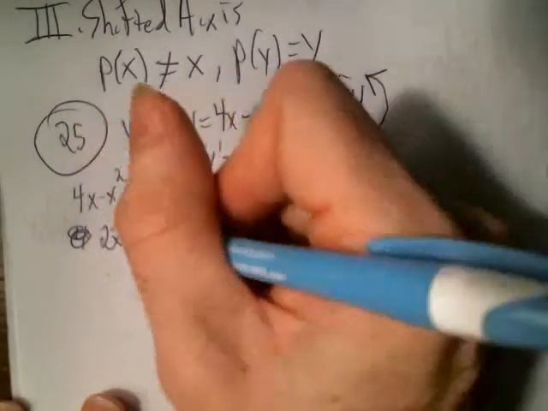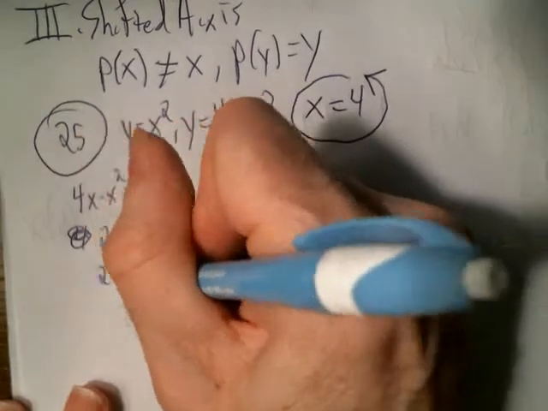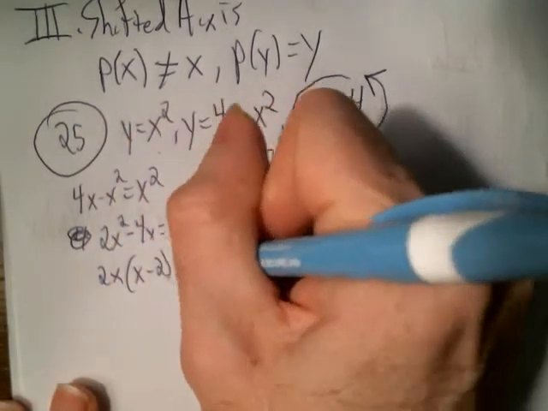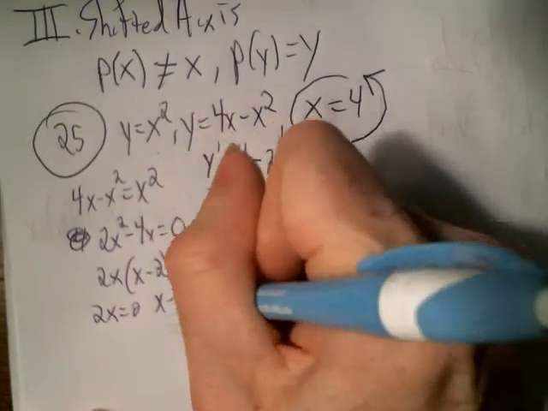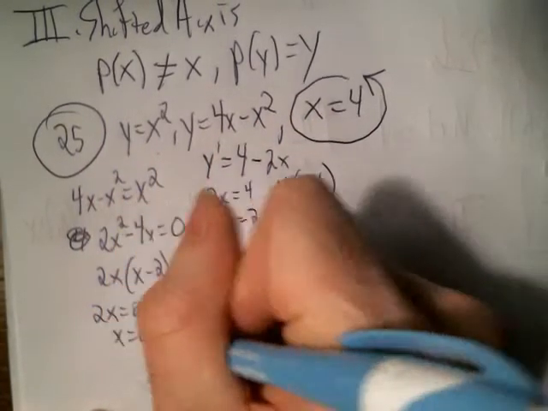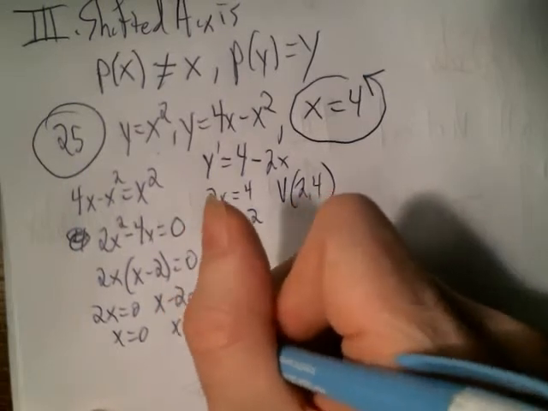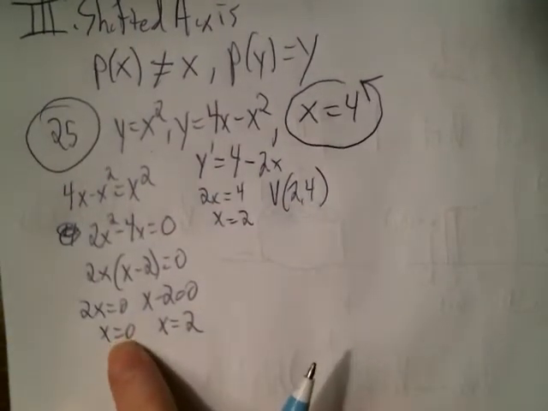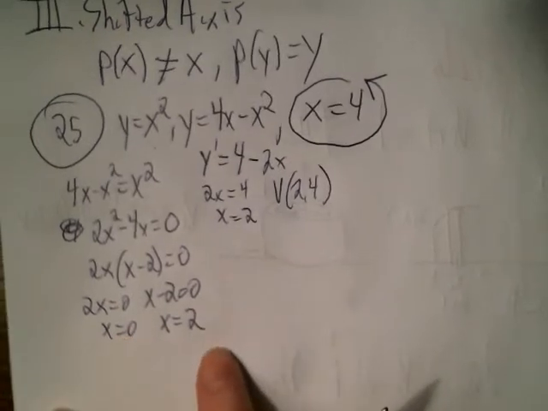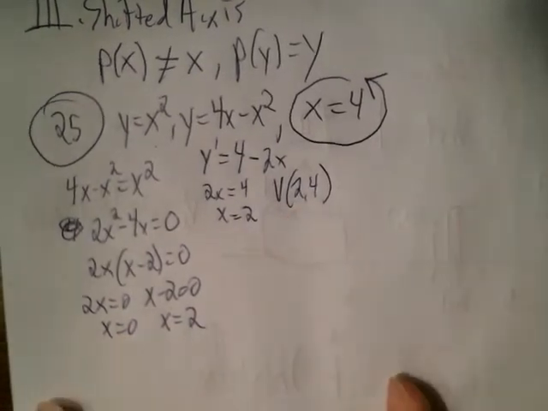Then factor out 2x, so you get 2x times (x minus 2) is 0. So x is 0, and x is 2. Apparently (0, 0) is one intersection point, and then (2, 4) must be the other one.